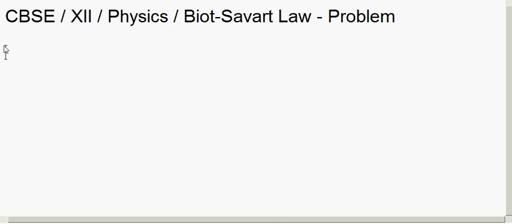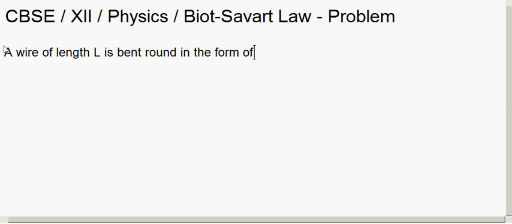A wire of length L is bent round in the form of a coil having n turns of same radius.